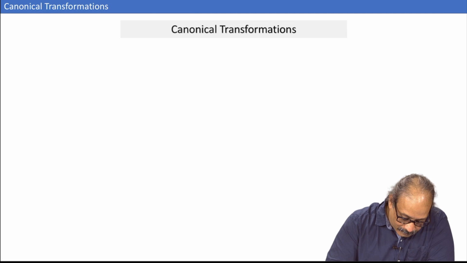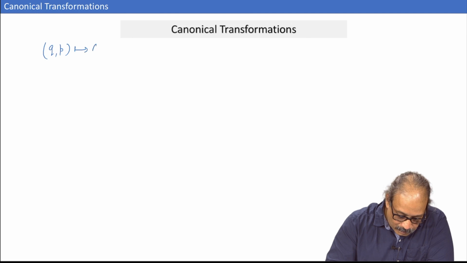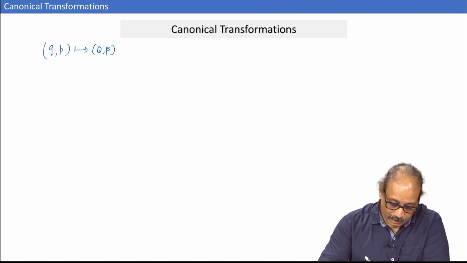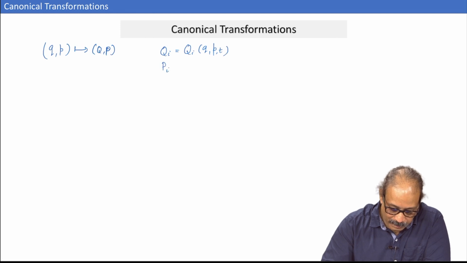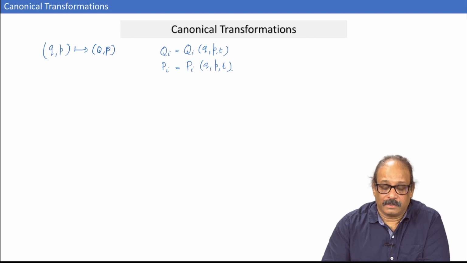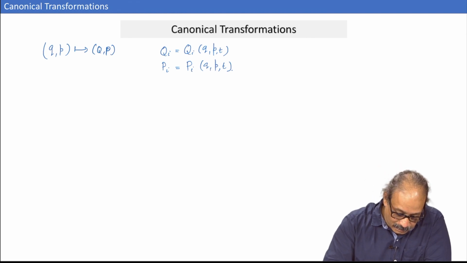So, in the phase space you make a transformation from q, p to capital Q and capital P. Let me write these transformations as Q I, which are given as functions of q, p and t, and P I, which are functions of q, p and t. I will call this transformation, this transformation is called canonical transformation.